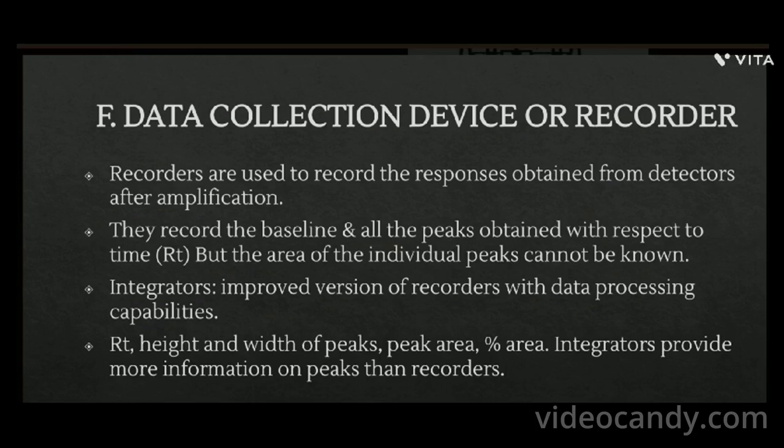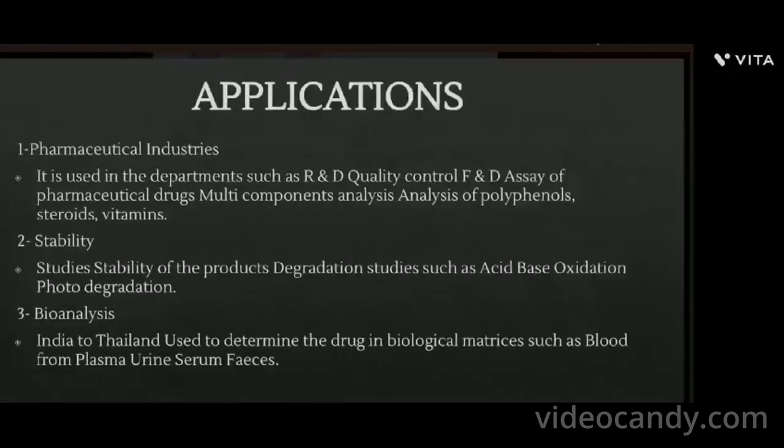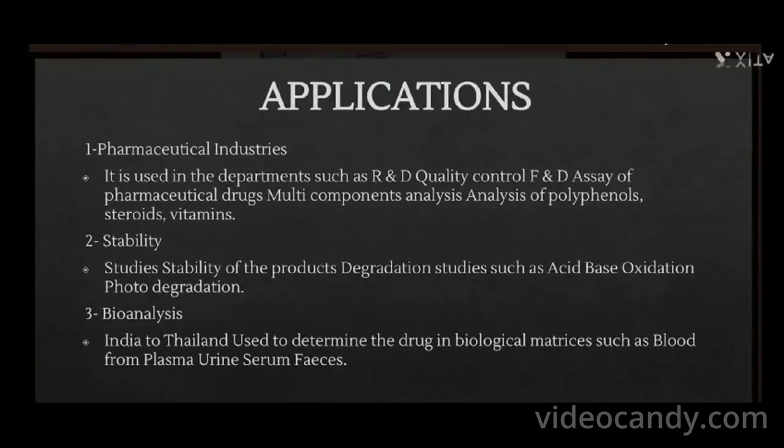Third, integrators, an improved version of the recorder with data processing capabilities. Fourth, the height and width of peaks, percentage area: integrators provide more information on peaks than a recorder.